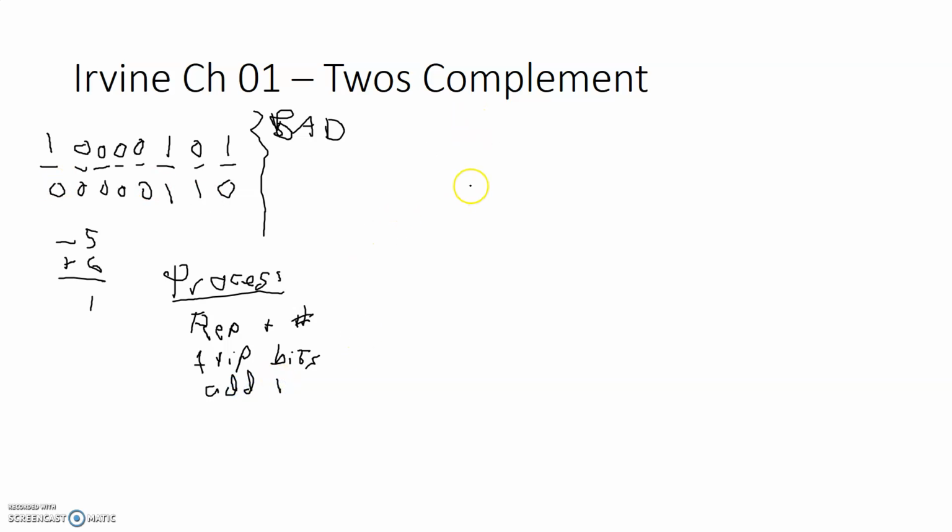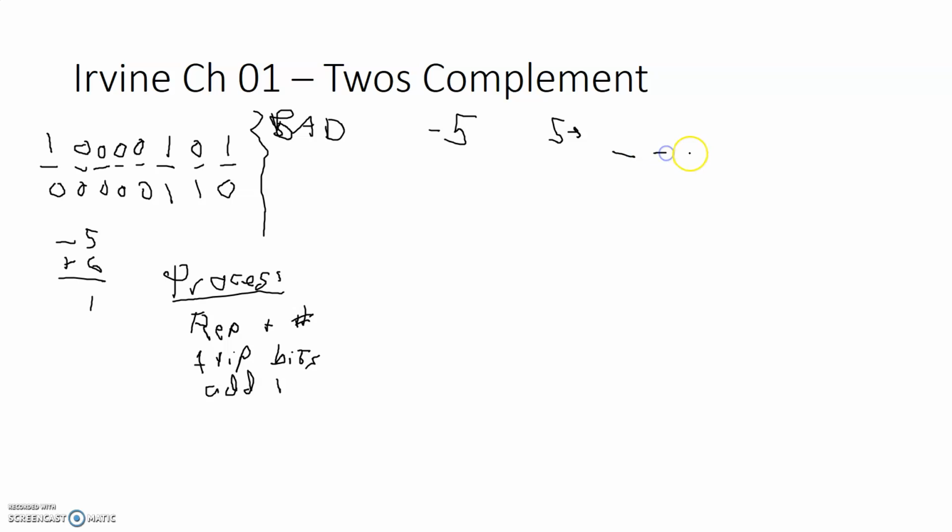So if we were trying to represent -5, the first thing we do is represent 5. When you're doing this with 8 bits, you have to show all 8 bits.